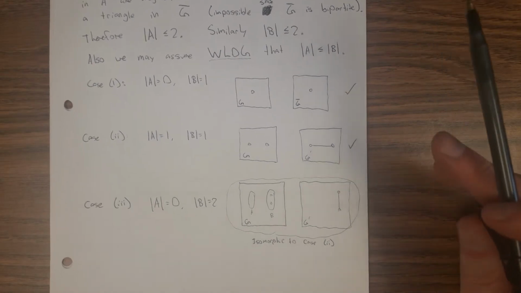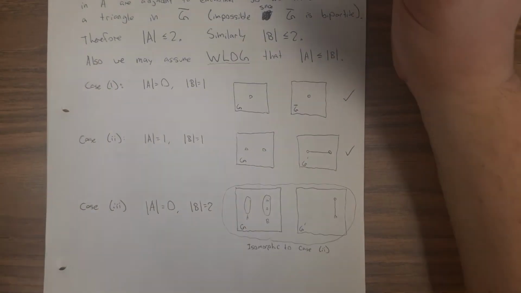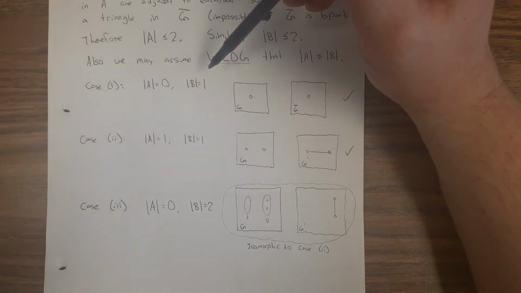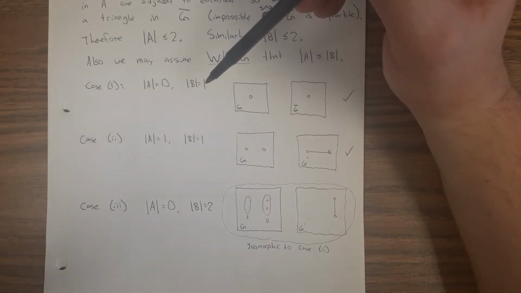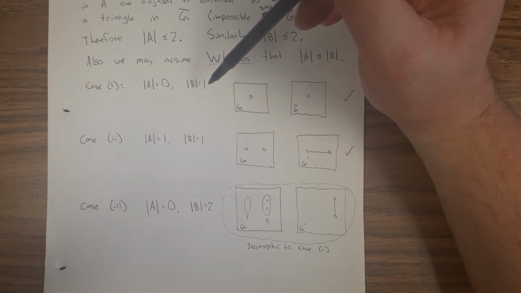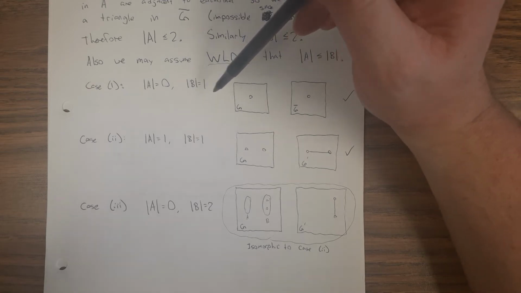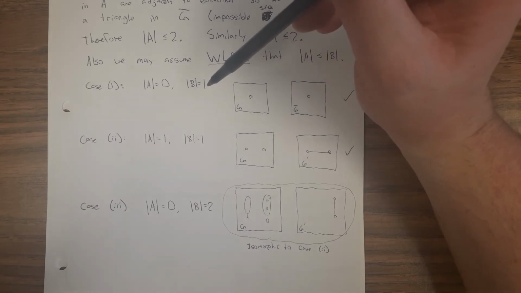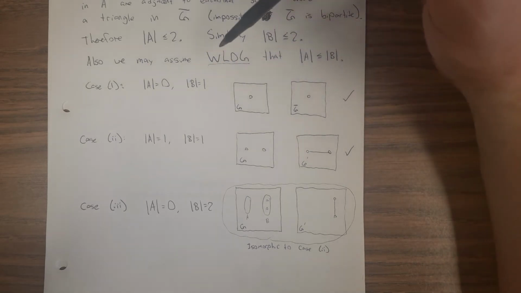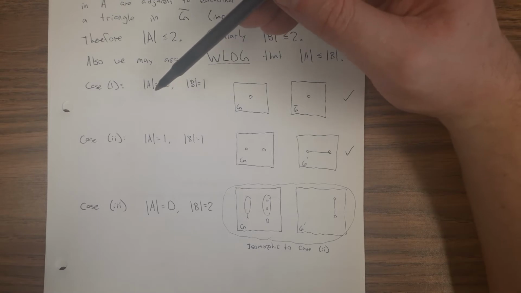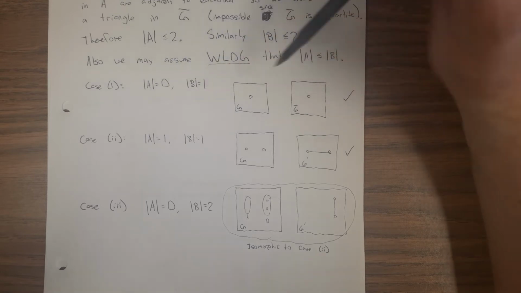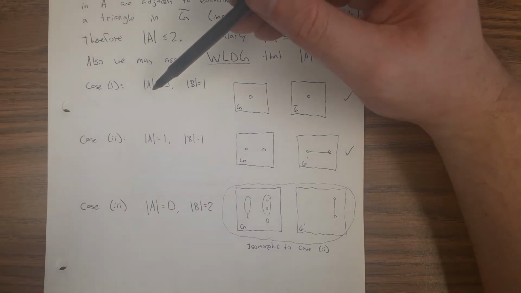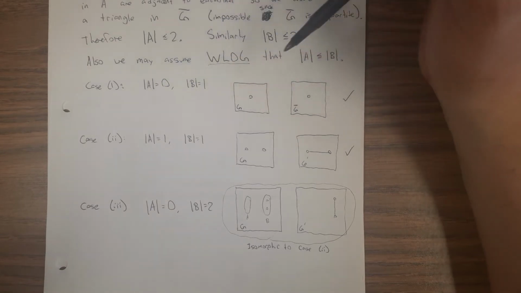So in this class and in this book, we don't talk about graphs with 0 vertices. The smallest number of vertices a graph can have is 1. So the smallest case would be when we have exactly 1 vertex, and if we're assuming that the size of A is less than or equal to the size of B, then it would have to be 0 here and 1 here.